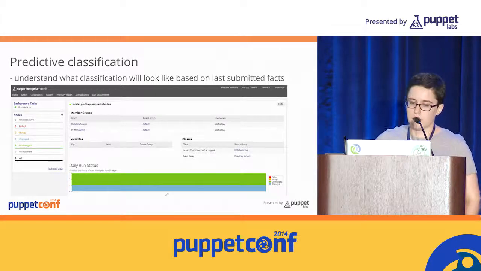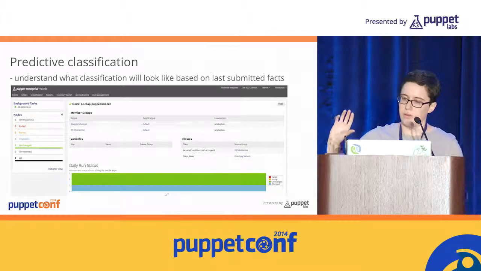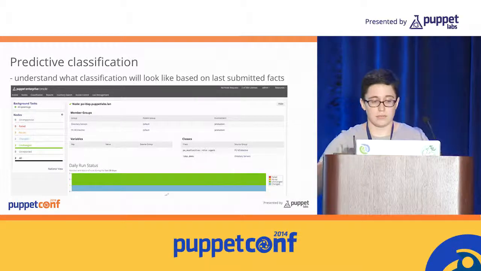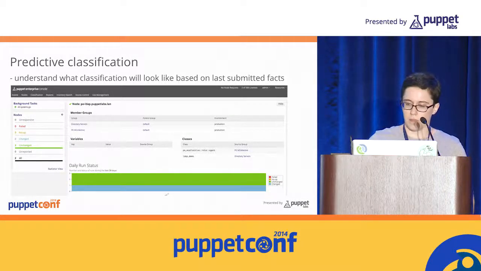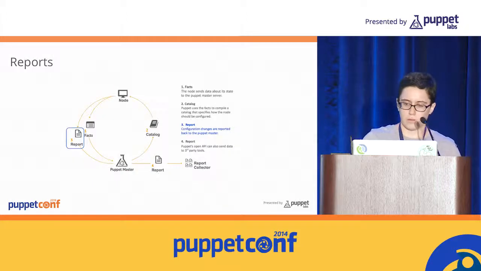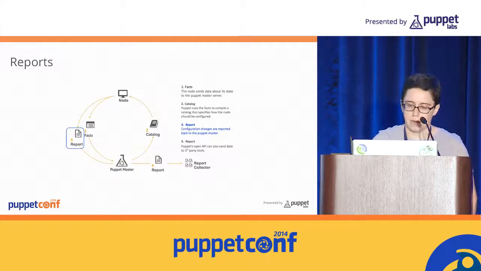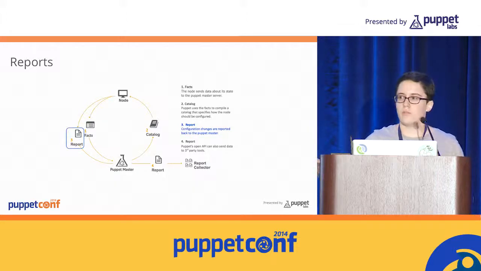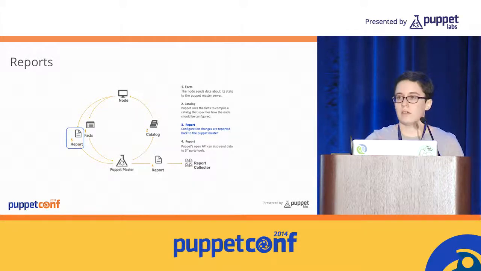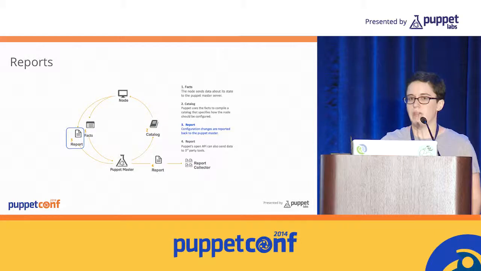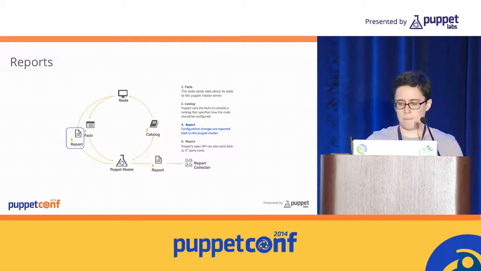And so it has the PEM collective role agent class. And you can also see here, again, a graph of its reports. It's what has happened when it's run, what the status has been. So that's this third step in this diagram. After the node applies the catalog that the master sent it, it's going to send back to the master all of the changes that it made, which is the report.